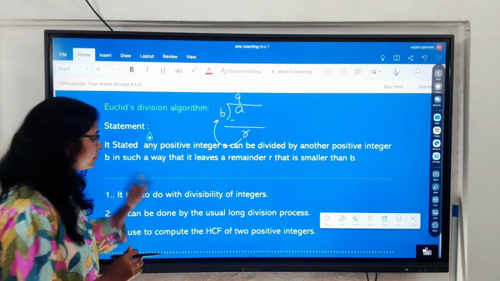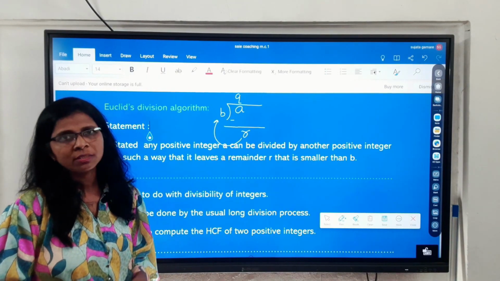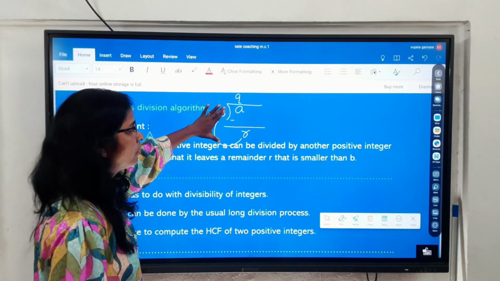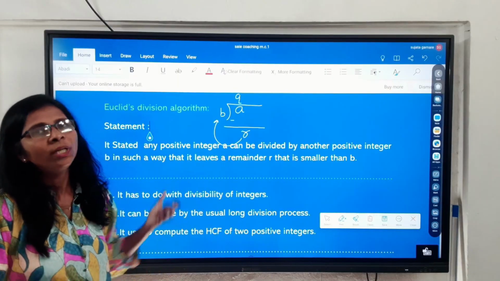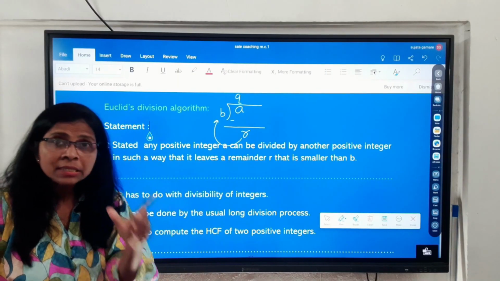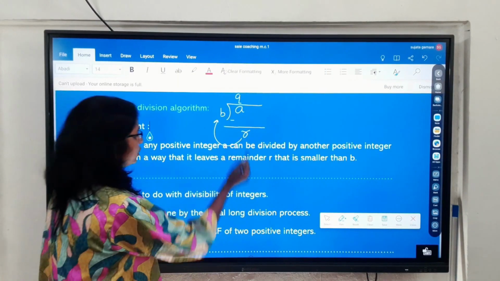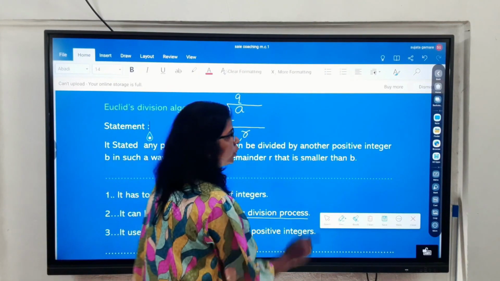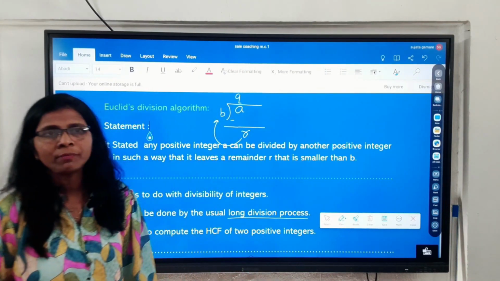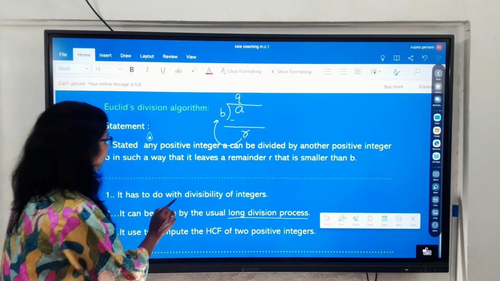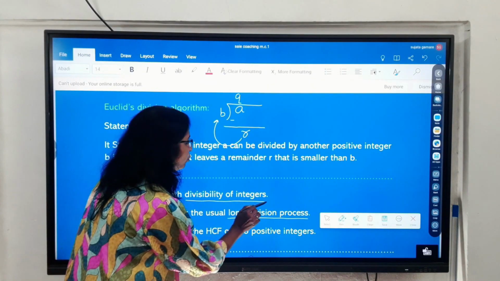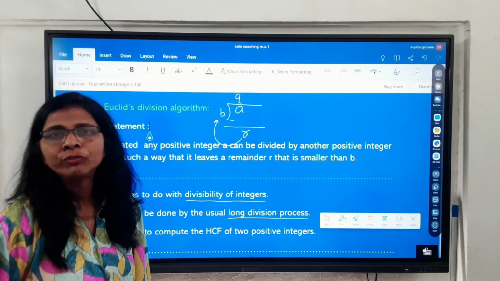Now what is the use of this? This is the process of long division. So we can say that Euclid's division algorithm is applicable for the long division process. And the second use of this is to find out the divisibility of integers.